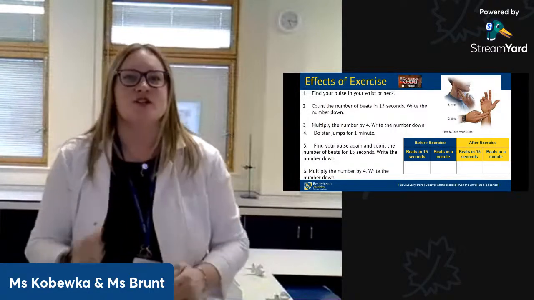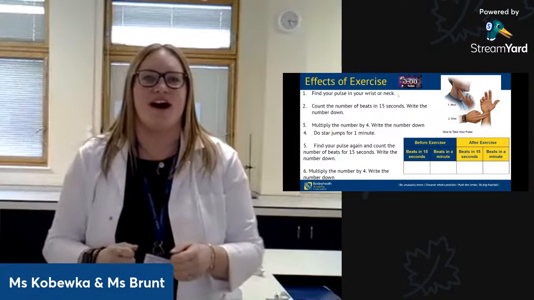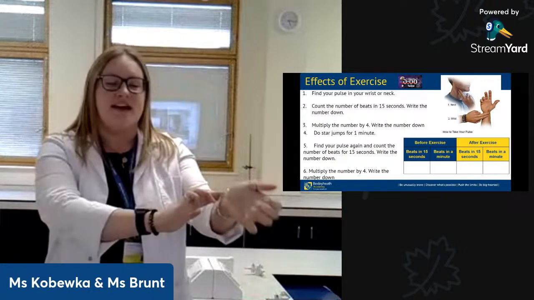And 3, 2, 1. So now we need to repeat what we did before our exercise. So finding our pulse again, and for the next 15 seconds, please can you count how many heartbeats you have? Off you go.